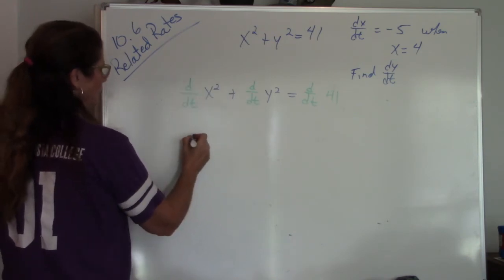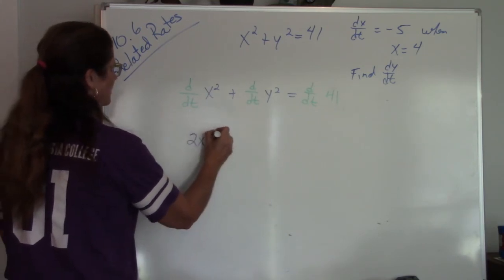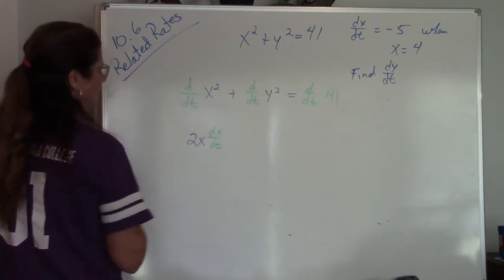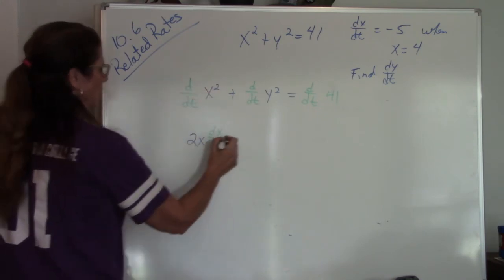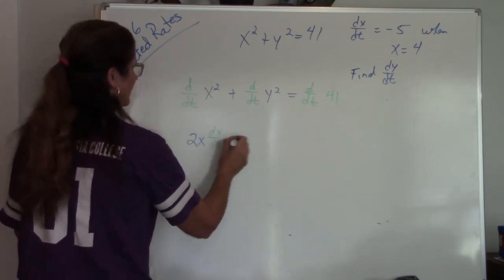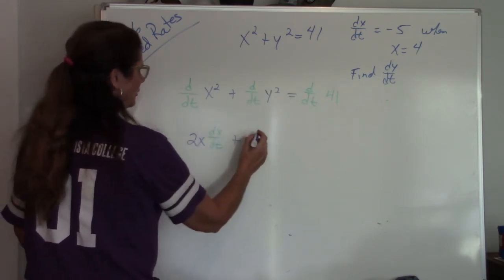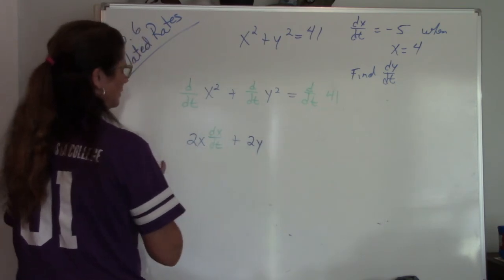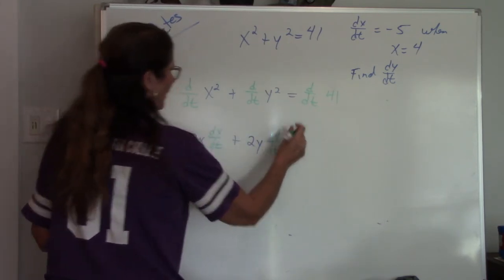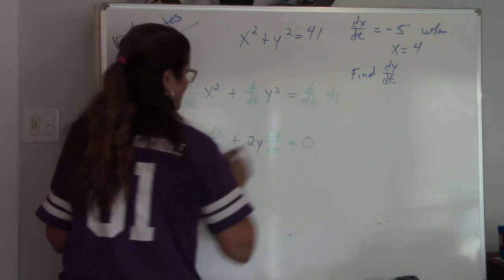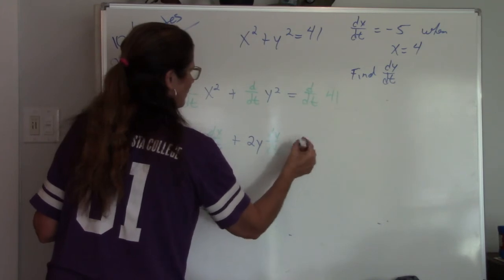So the derivative of x squared is 2x, and then dx/dt. Okay, so I peeled that off, and then I end up with dx/dt plus, again, my variables are not the same, so I'm going to use the chain rule: 2y dy/dt, and then the derivative of a constant is 0.